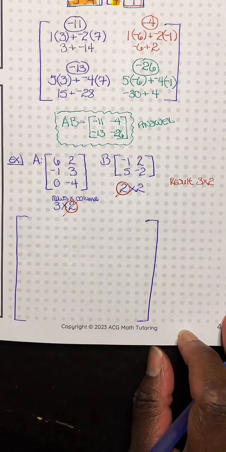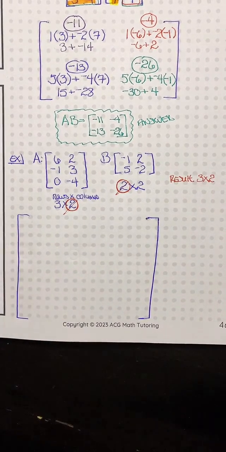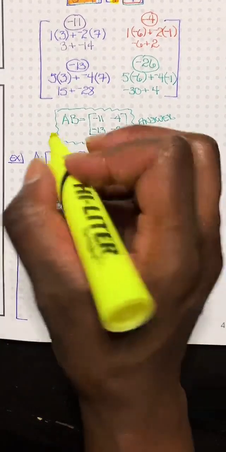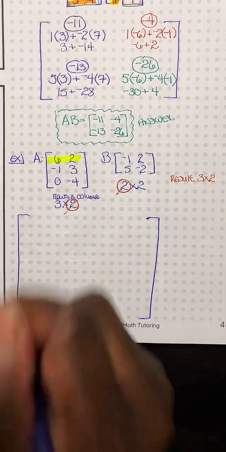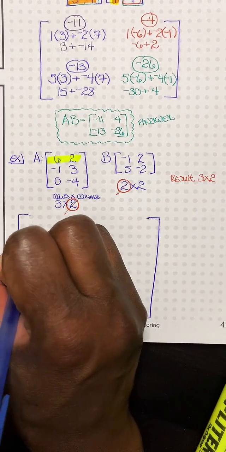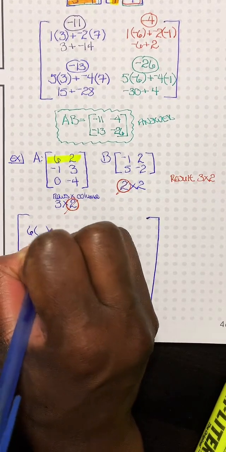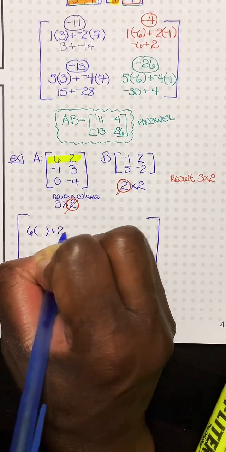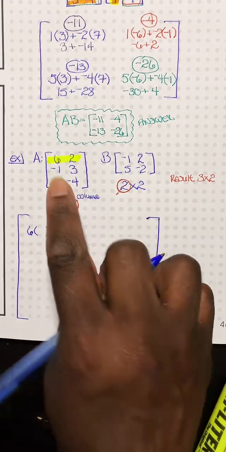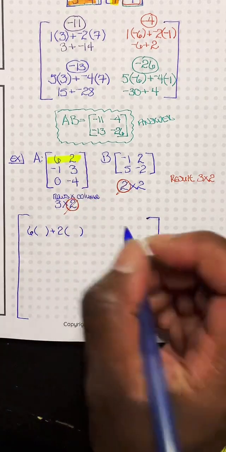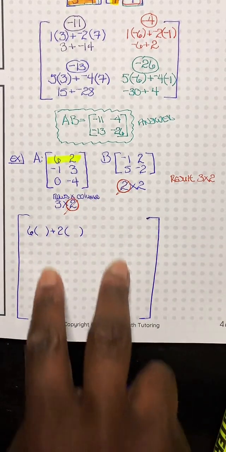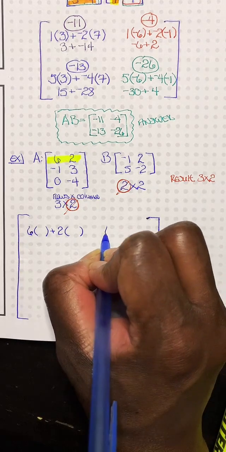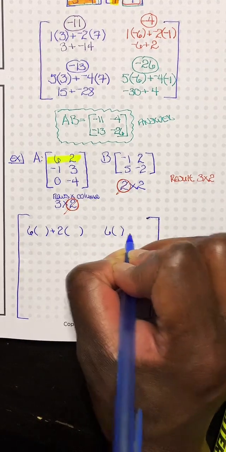All right. Now we're doing the first row. If we want, we can shorten it. It's going to be 6 parentheses plus 2 parentheses, because that's representing my row. I'm going to do that twice, because remember, we're going to have 2 columns.